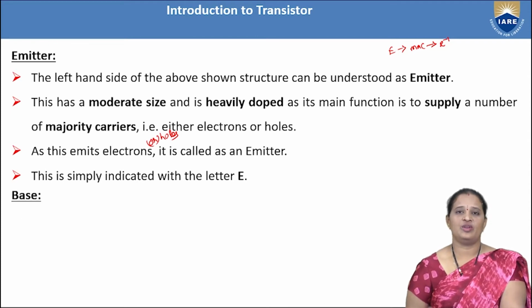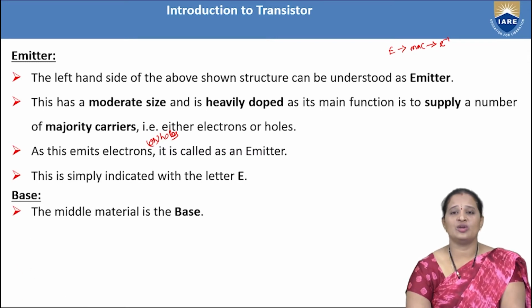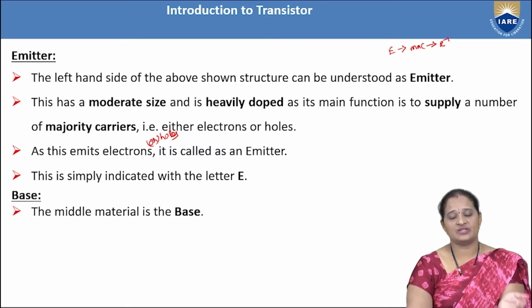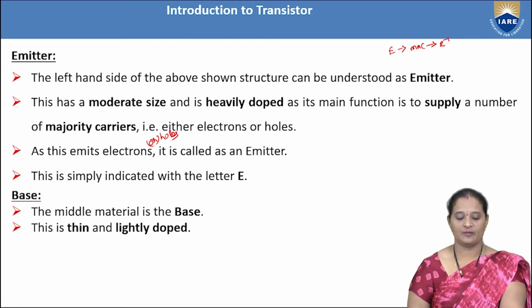So next, what is the base terminal? The terminal which is taken out from the middle semiconducting bar is called the base terminal. And you have to remember, base is very thin and lightly doped.